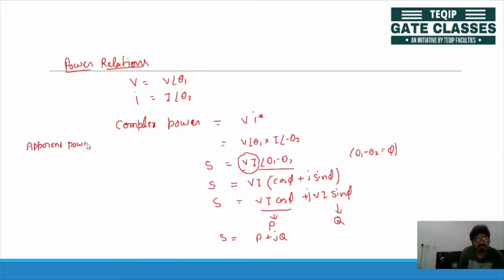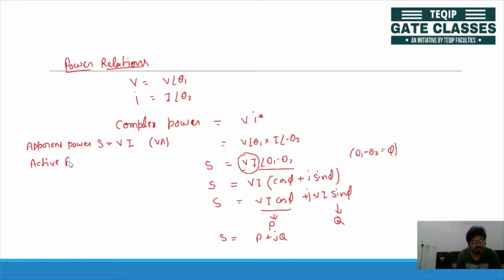Apparent power is the total power which the source delivers to the load, and it is capital S equal to V rms times I rms, and the unit is volt ampere. Another power is active or true power. It's the fraction of total power which is useful, which is doing the work.